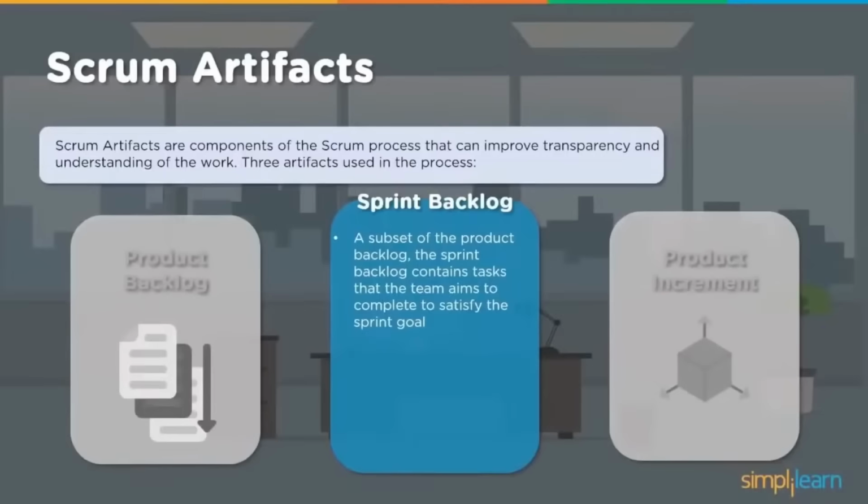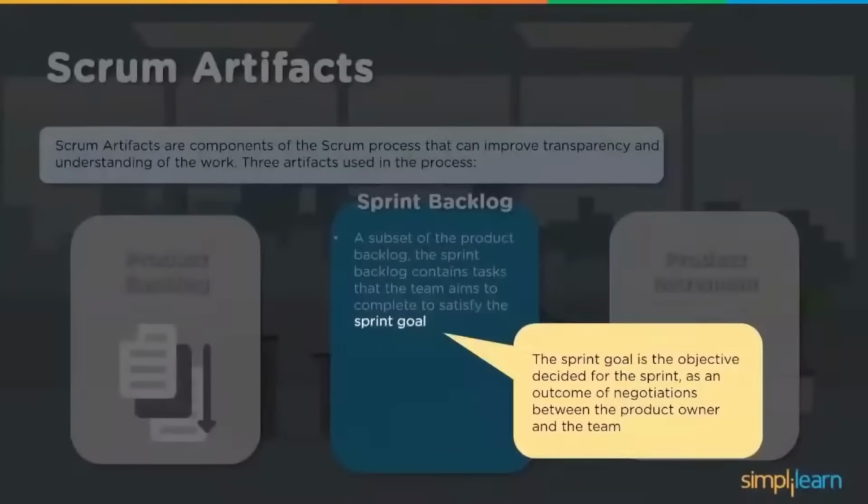The sprint backlog contains the tasks the team aims to complete to satisfy the sprint goal. So what is that sprint goal? Each of those time-boxed iterations will have a specific objective to accomplish. The sprint goal is the objective decided for the sprint as an outcome of negotiation between the product owner and the team: what can be delivered, how long it takes to deliver, and when it has to be delivered.